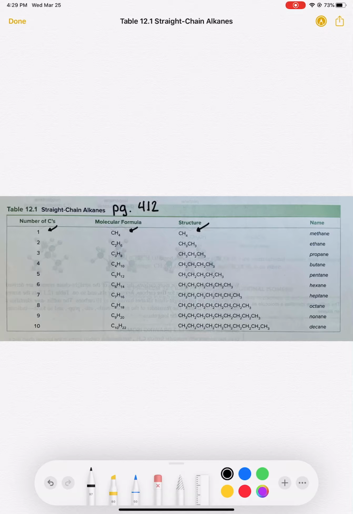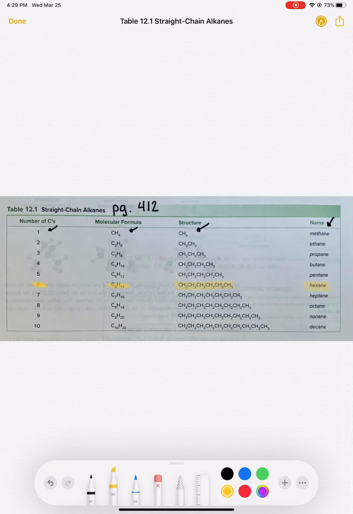And then over here at the end, we have the names of all of these. So let's look at 6 carbons. The molecular formula is going to be C6H14, and here is the condensed structure of that molecule. That molecule's name is hexane.